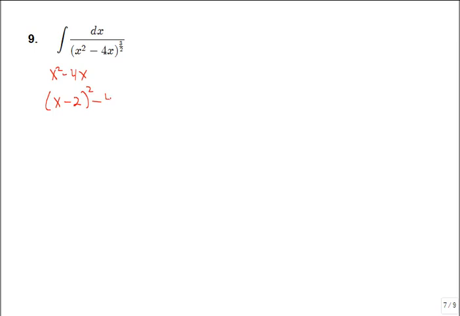So I would need to subtract off the 4 to make this whole expression equivalent to this one. Essentially what we did is we added 4 and we subtracted 4. And the plus 4 gets absorbed into the parentheses squared. This minus 4 stays put. So this integral now becomes dx over x minus 2 quantity squared minus 4 raised to the 3/2.